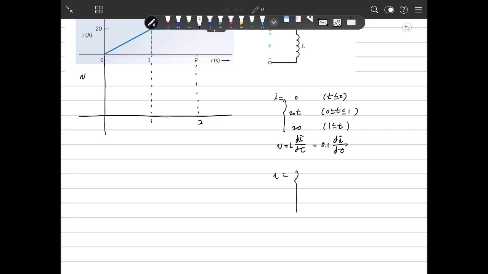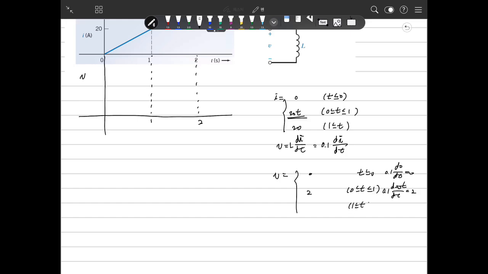When t is smaller than 0, v is 0, then 0.1 d/dt of 0 is 0. For 0 to 1, because the current is 20t, 0.1 times d/dt of 20t is 2. So that value is 2.